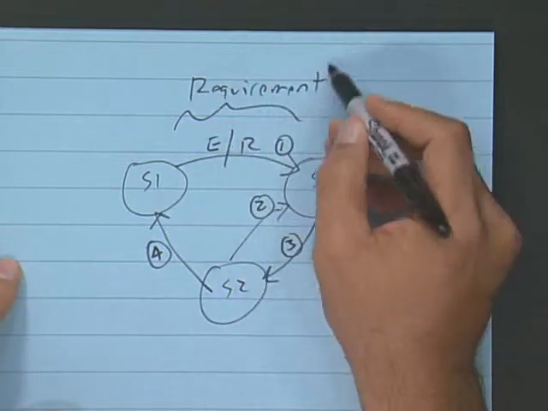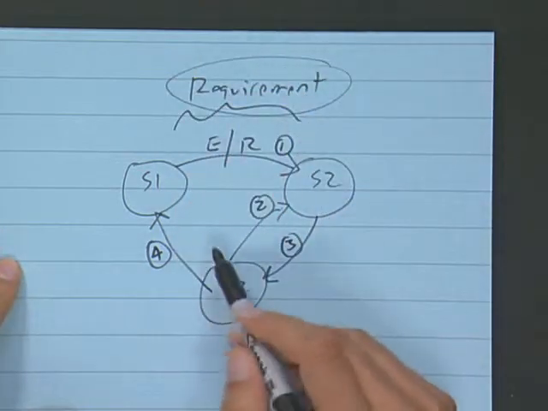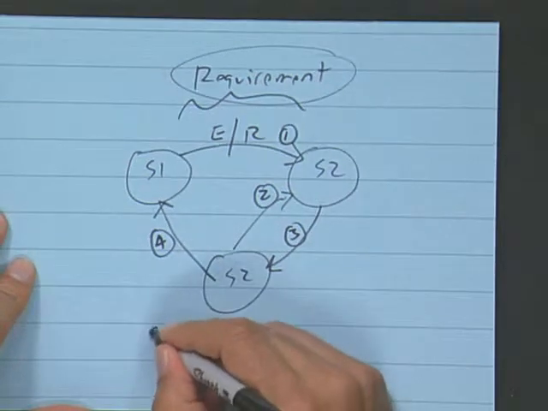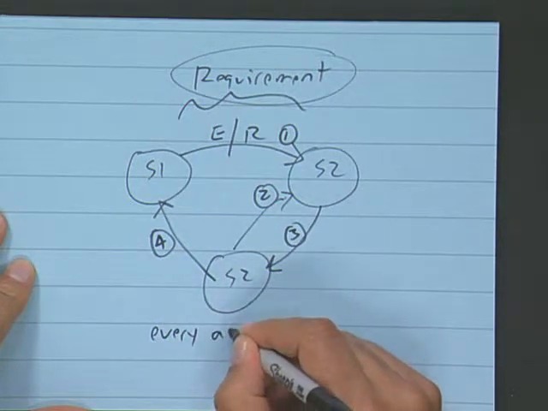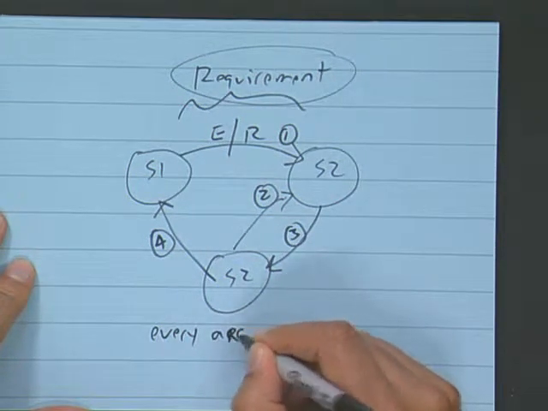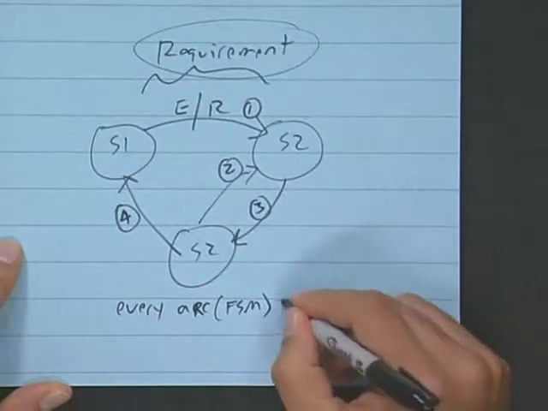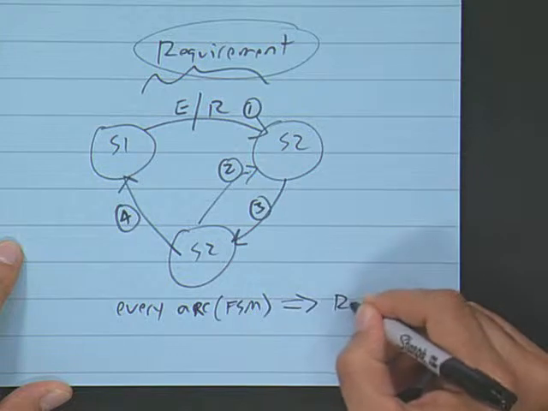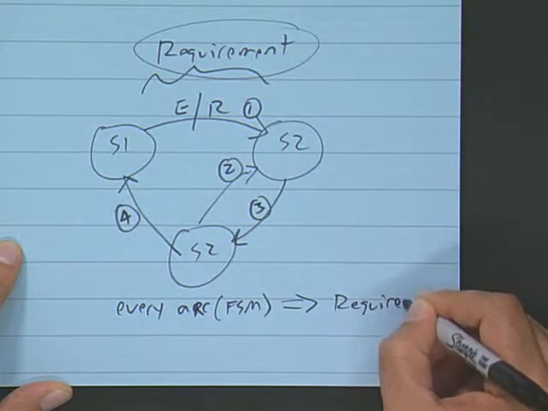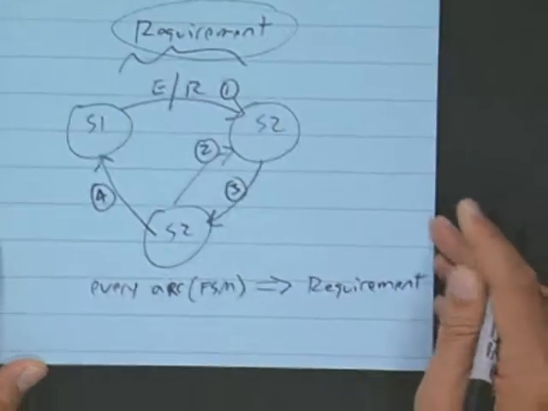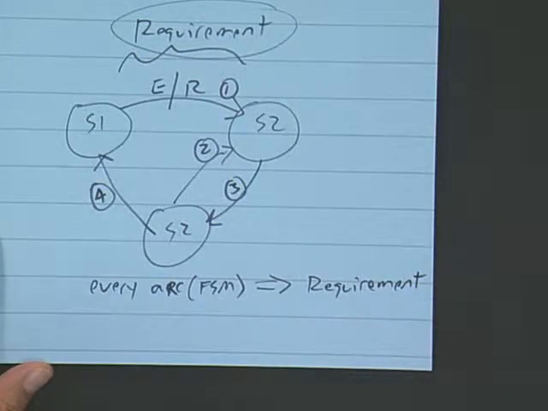These can all be stated as requirements. So think of it this way: every arc in a finite state machine could be essentially a requirement.